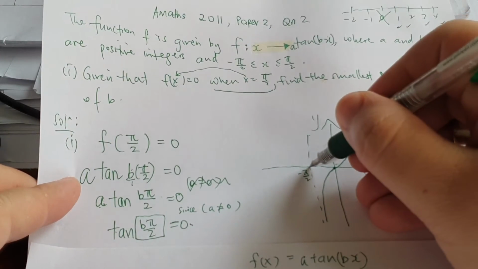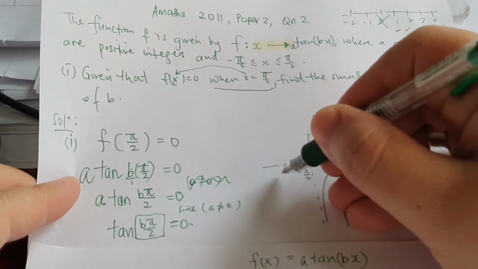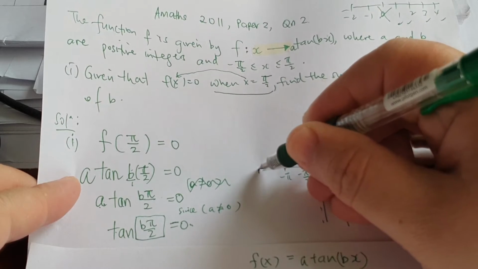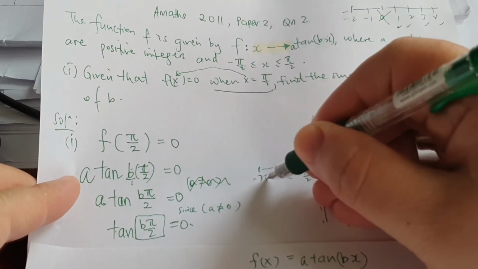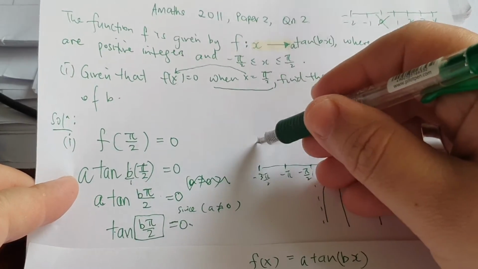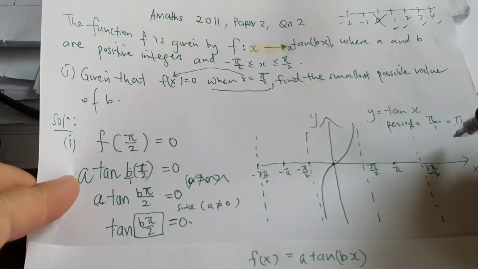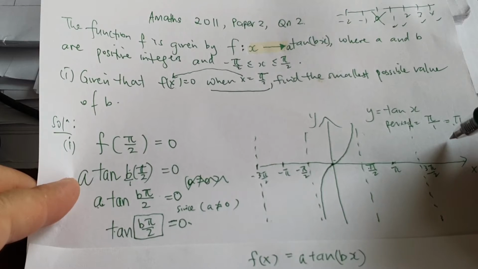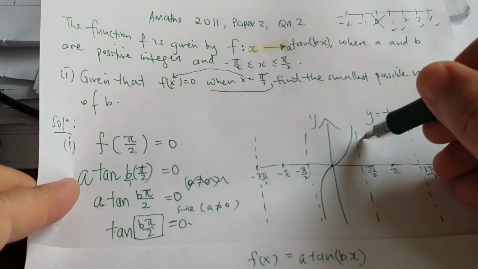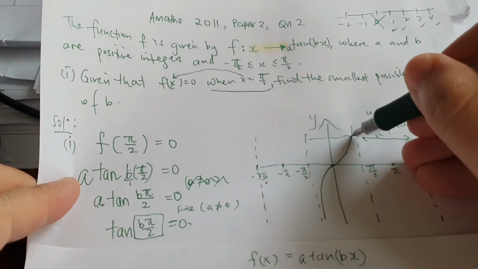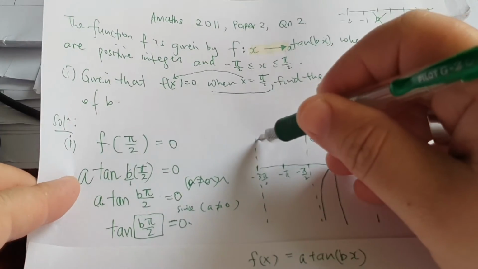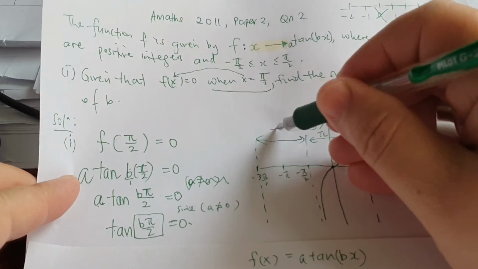Similarly, this is half, then this is half, so it's −π, then this is another half π, so it's −3π/2. And this will be your other asymptote. So this interval here is π, that's one full period. This interval here is π. This interval here is π.